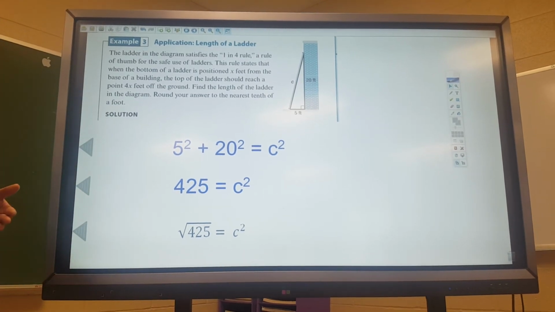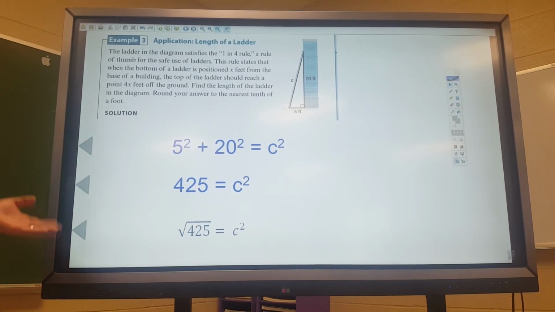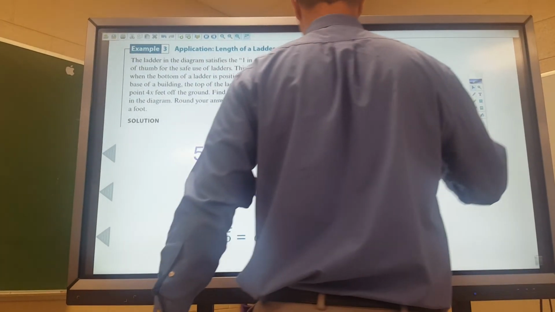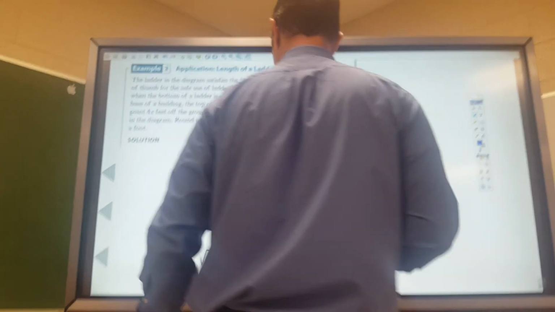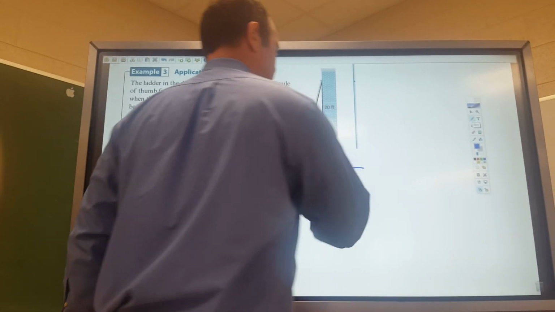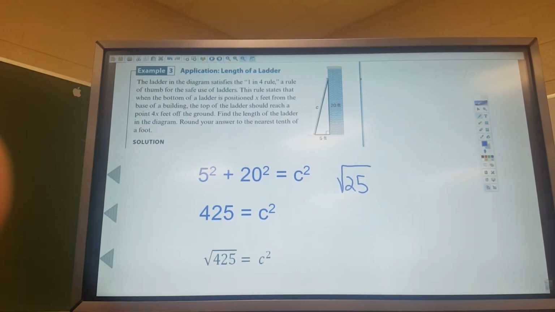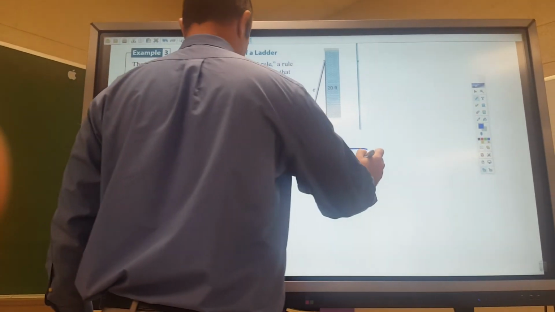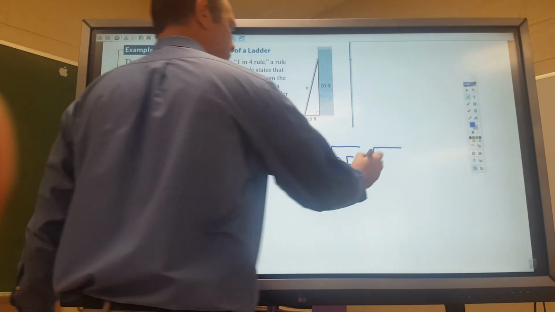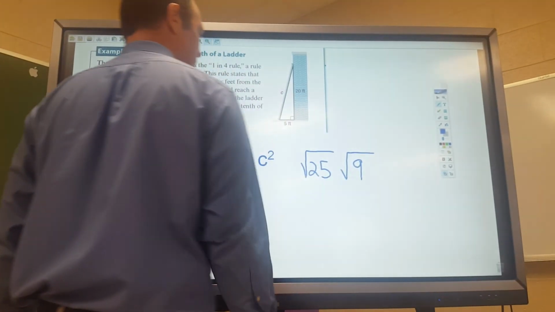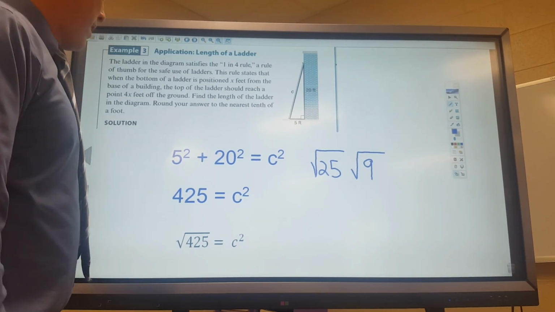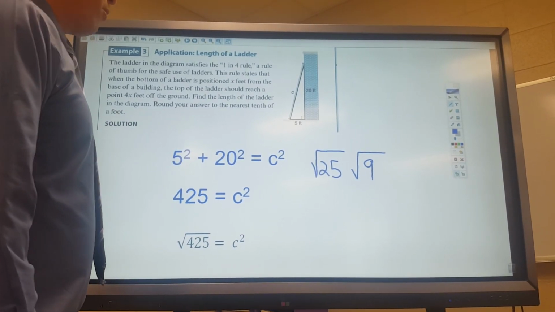Or you can either have a decimal answer, or I may ask you to keep it as a square root and simplify it. If I do that, look here, square root of 425. Well, I know that 25 goes into 425. Let's see, it'd be 9 times. So it'd be the square root of 25 times the square root of 9. Square root of 25. Oh, I'm wrong.